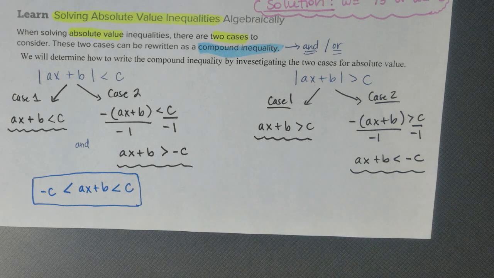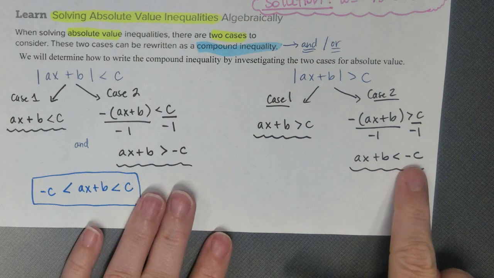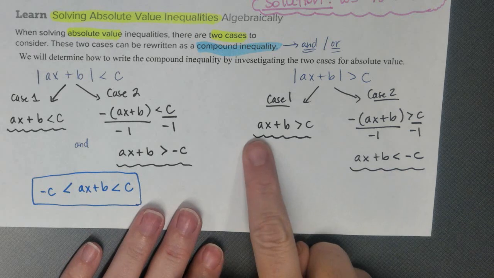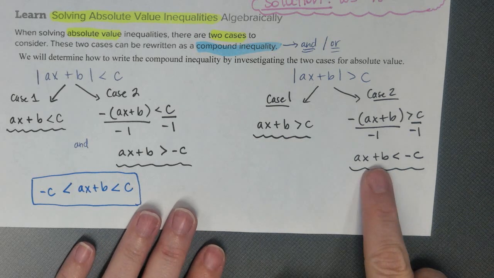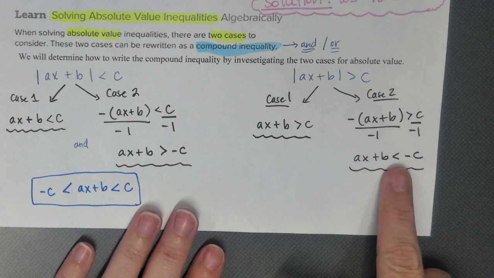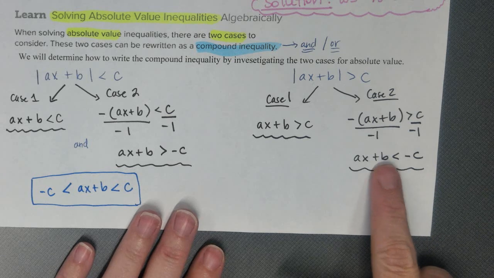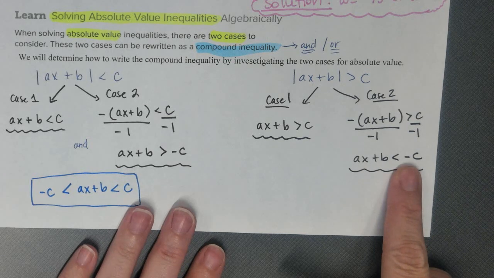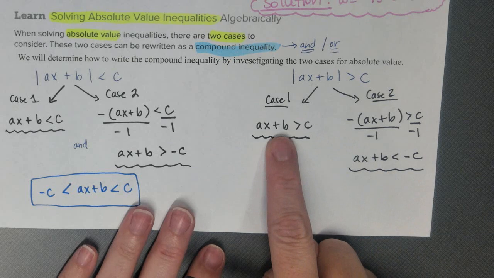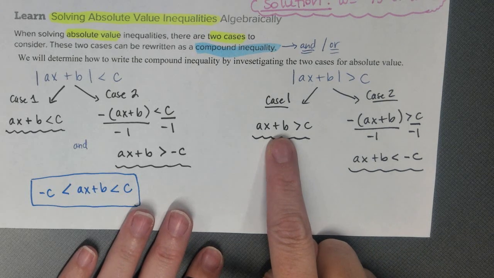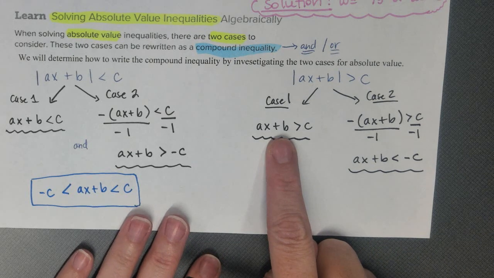Now here they're saying that this value is less than negative c and greater than c. If we think about this, again we can use 5 as an example. Is there a number that's less than negative 5 and at the same time is greater than 5? I can't think of any either.